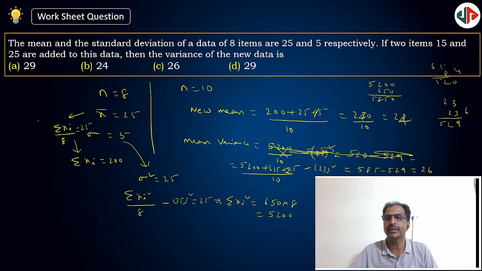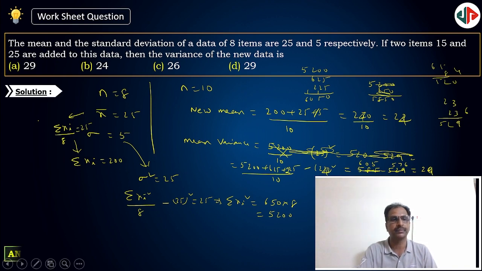So 5200 plus 625 plus 225, that is 6050 by 10, which is 605, minus 24², which is 576. 605 minus 576 is 29. Option D. Option A and D are both given as the same.